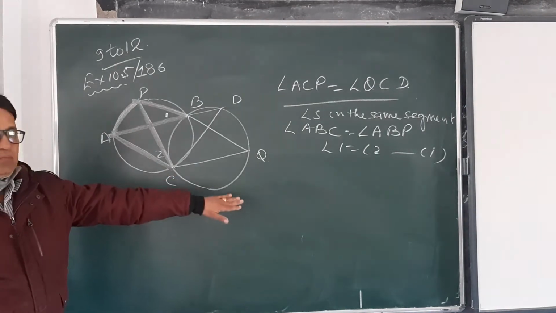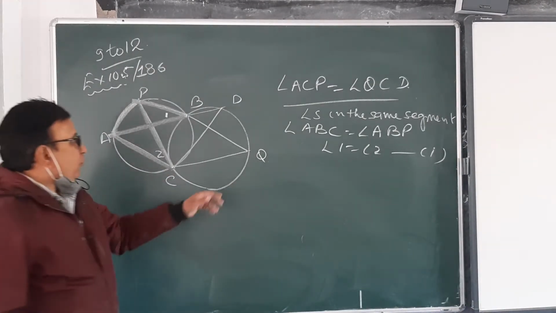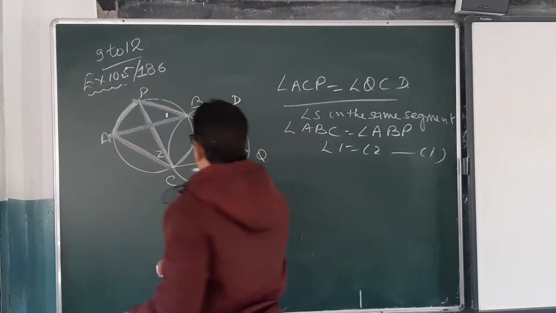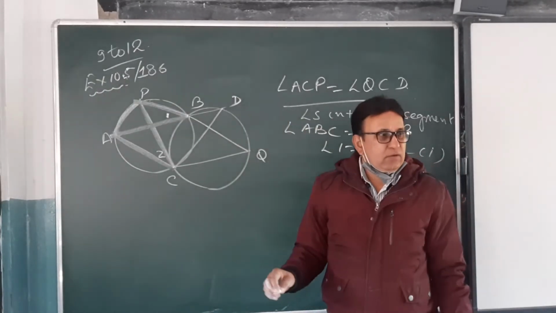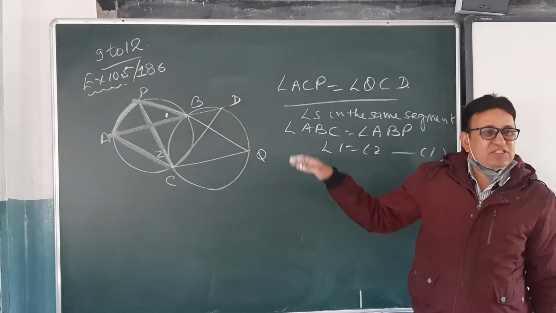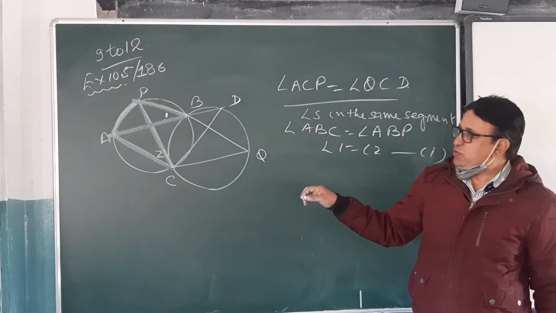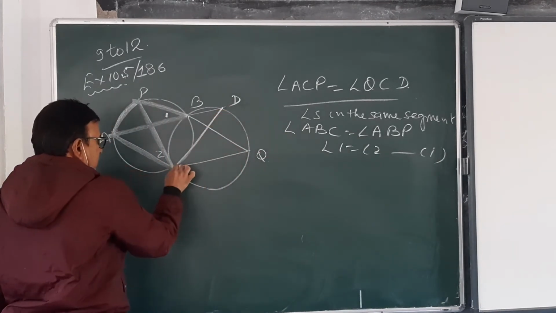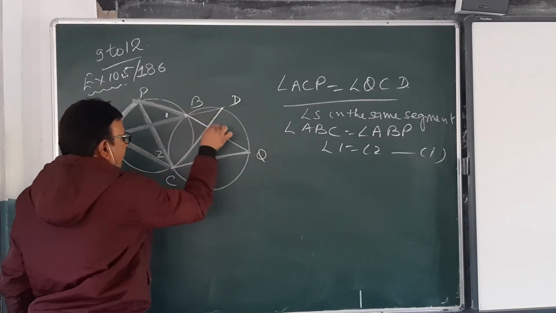Same thing for the other circle, means from D and Q. Again, angles in the same segment. Which two angles here? You can see this one and this one.